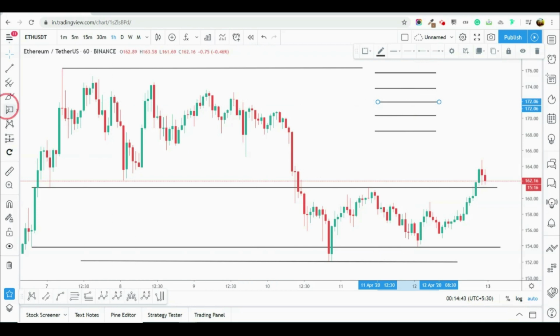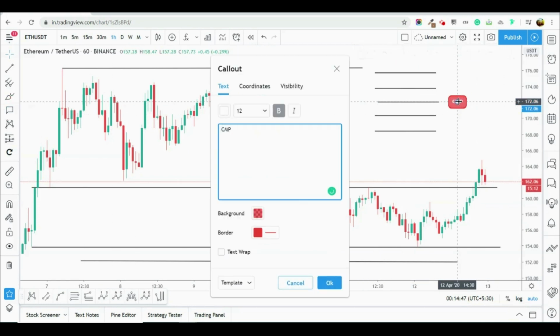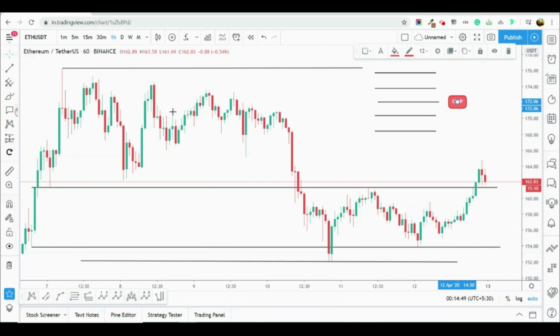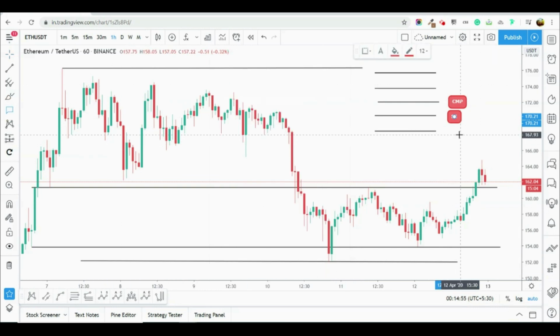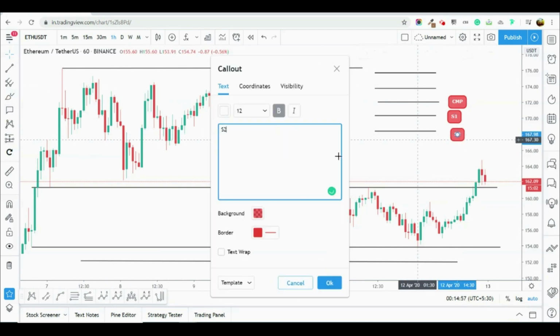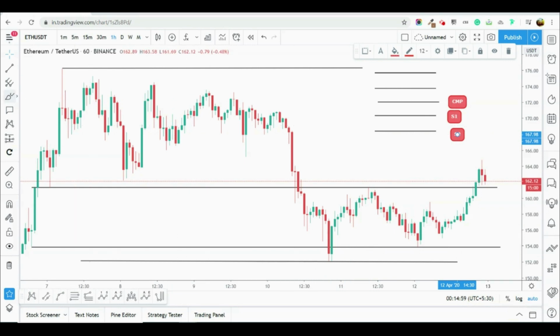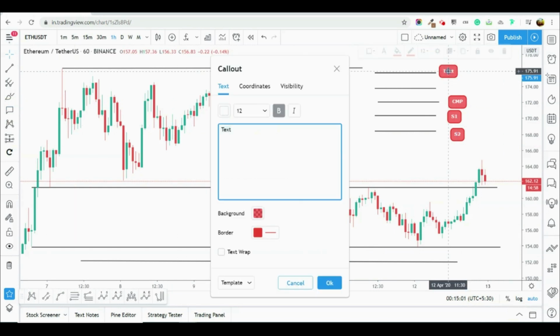Let's say this is the current price, which is CMP. The next support to this one is called S1. This is the term of price action, and many traders use the same thing. In price action, we calculate the resistance and supports using only the candles.